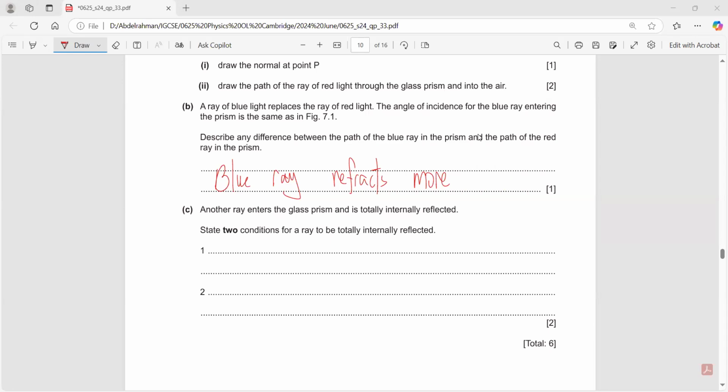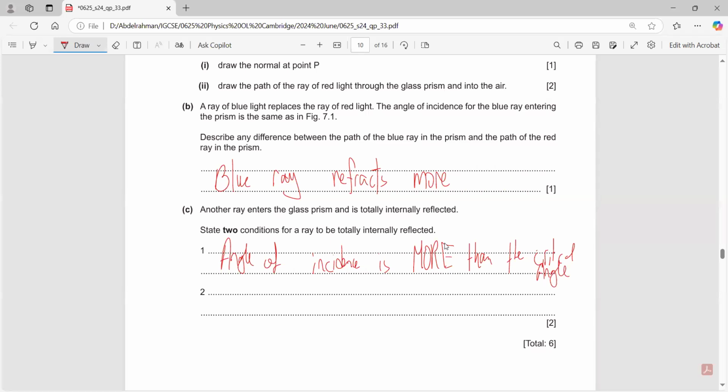So the angle of incidence is more than the critical angle. Yes, above the critical angle. Okay, what else?